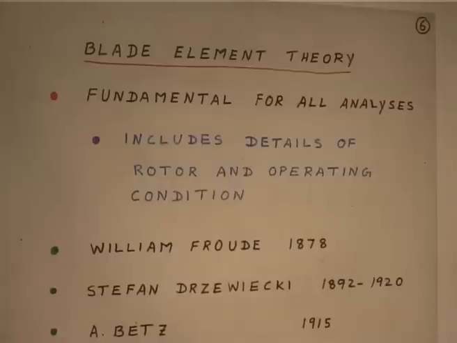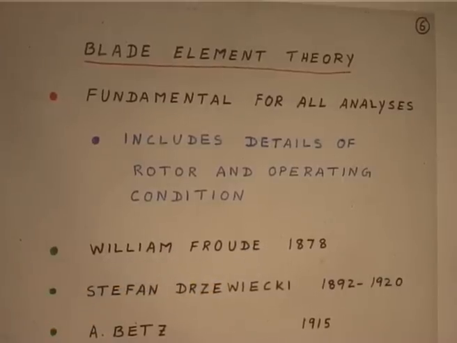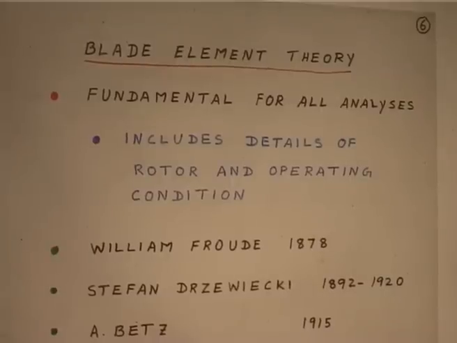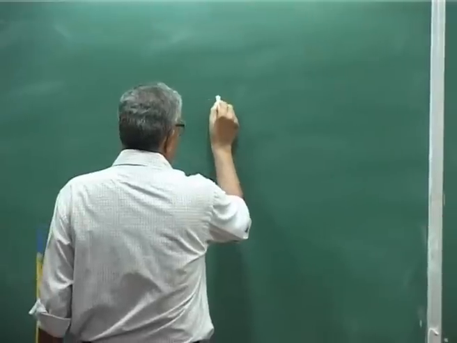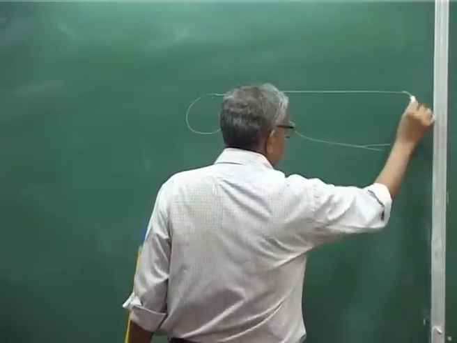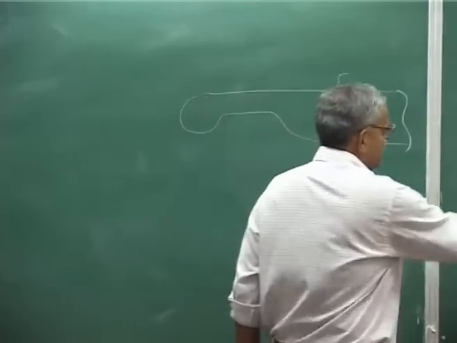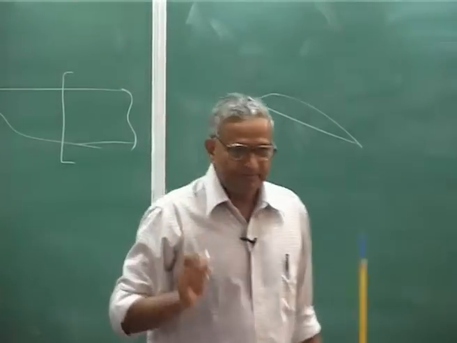So, you have to know the blade element theory, but to give you a brief history, it was proposed by William Froude in 1878, because blade element theory essentially says that I am going to treat every cross section of the blade, because the rotor blade is essentially an airfoil shape.